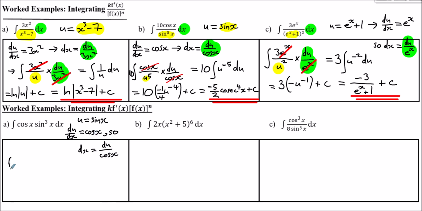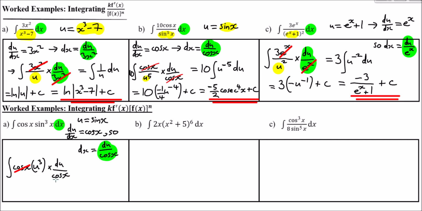So we can transform the integral now. So cos x, leave as cos x. Sine cubed, I can now say it's the same as u cubed, because u is sine x. And of course dx, we said, is the same as du over cosine x. Hopefully you see here, we get the cancellations.